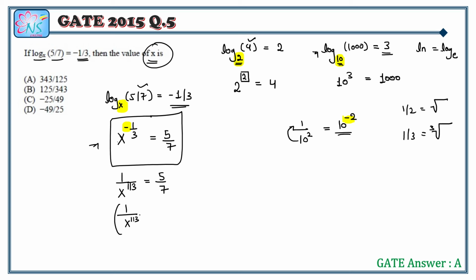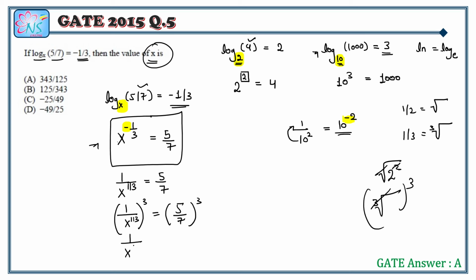So if we do the cube on both sides of the equation, like square root cancels square, similarly cube root will cancel the cube. Here also, x to the power 1 by 3 into 3, so 3 will cancel 3, and the power will become 1.